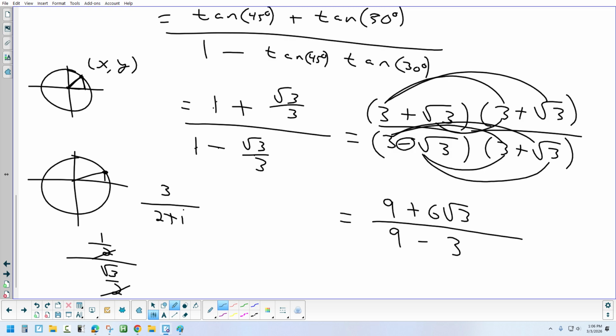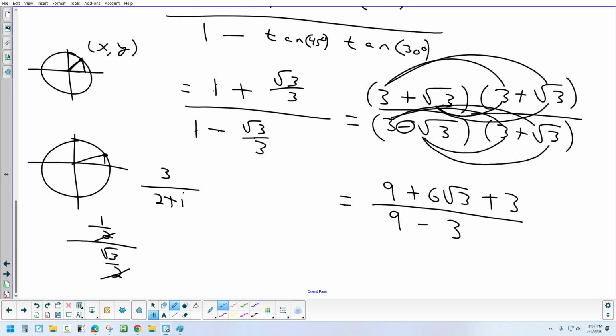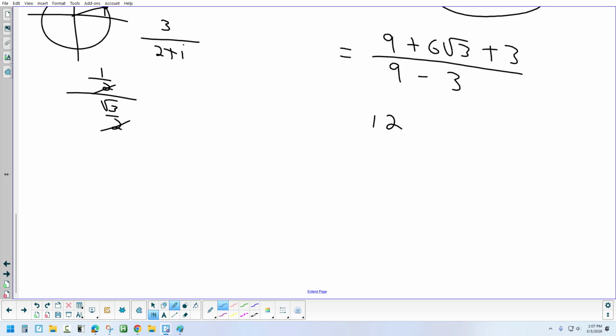And what's positive root 3 times positive root 3? Yep, positive 3. Okay, there's a lot of 3's here. Let's simplify all that. So we've got 9 plus 3 gives me 12. 6 root 3 over 6.